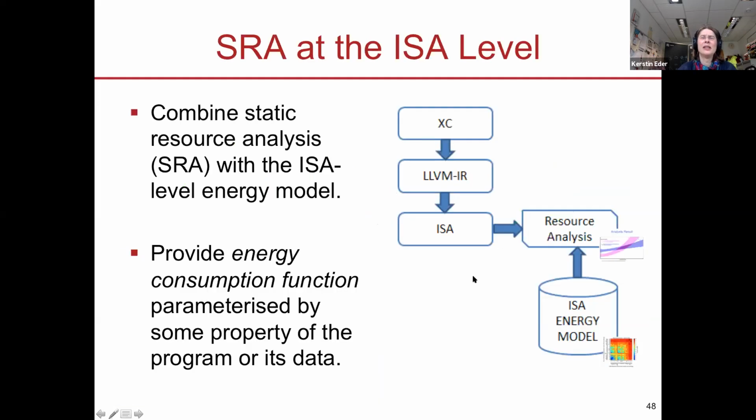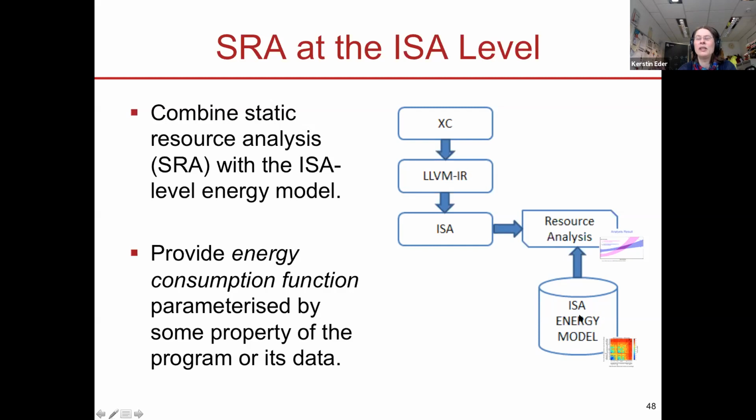Okay, so let's start with something really simple. There are static resource consumption analyses already around, and we're using these resource analyses at the instruction set level. So we've got XC, which is our source code for the XMOS XS1. The XC compiler creates LLVM-IR intermediate representation and then a machine executable at the ISA level.